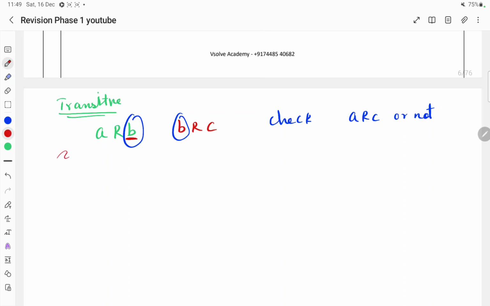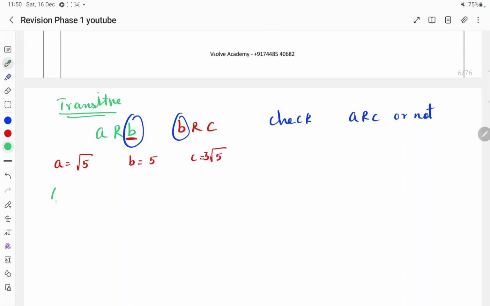I will take the value of A as root 5, B as 5, and C as 3 root 5.